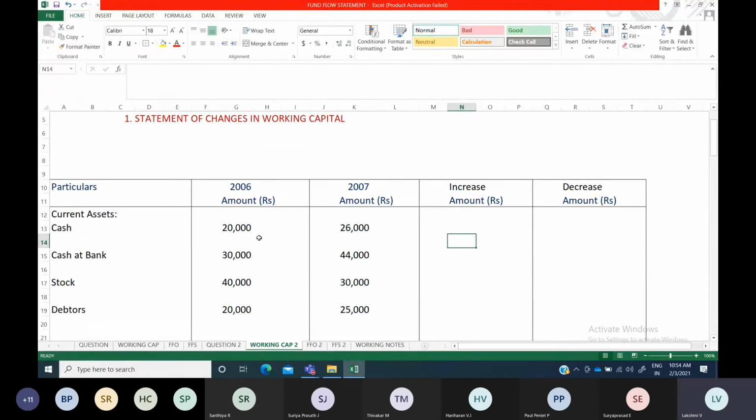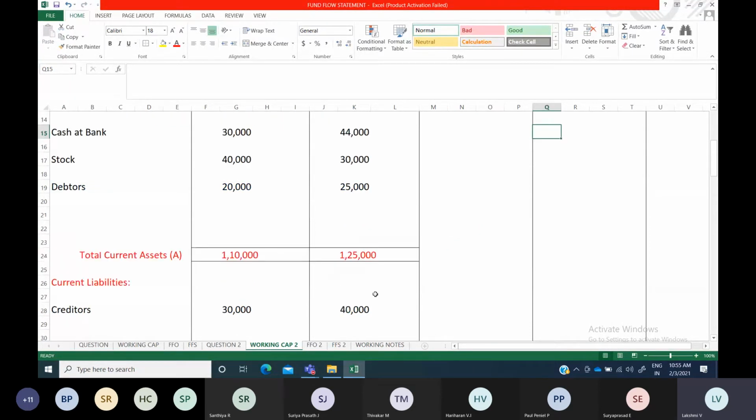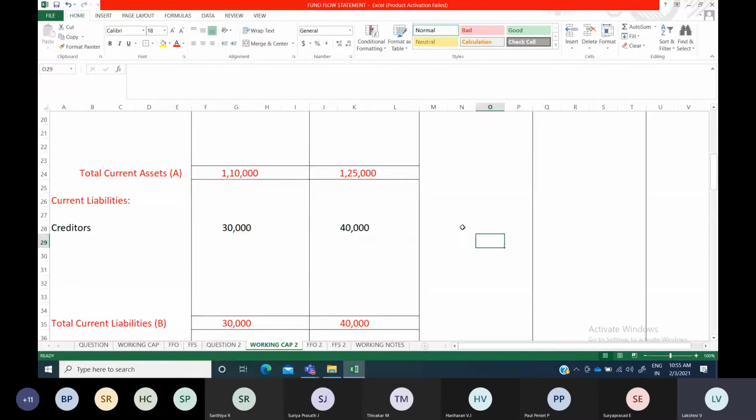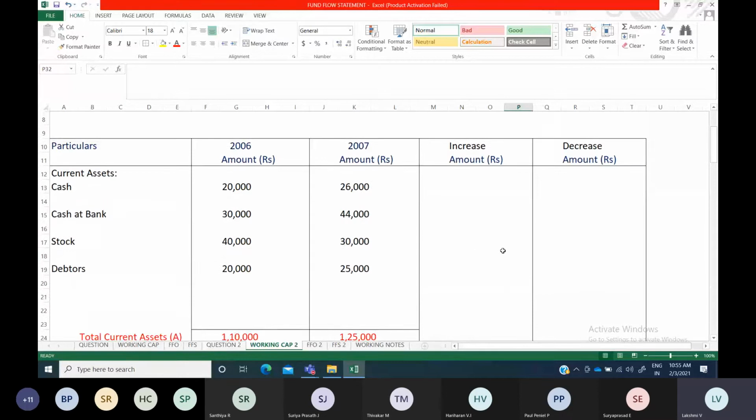As you know the rule, increase in current asset means increases working capital, increase column you have to show. Decrease in current asset means decreases working capital, decrease column you have to show. For current liabilities, it is just the reverse of that. Increase means decrease column, decrease means increase column you have to show. So you have to remember that one.